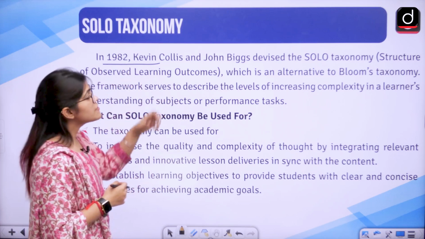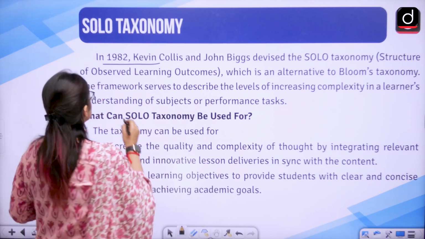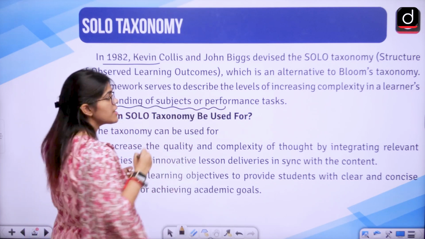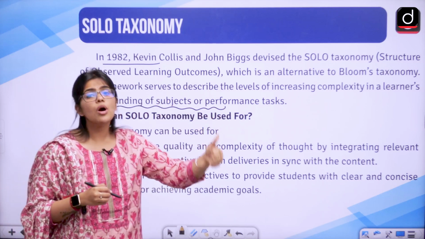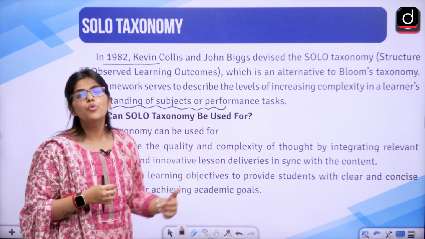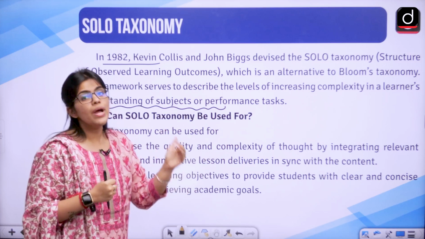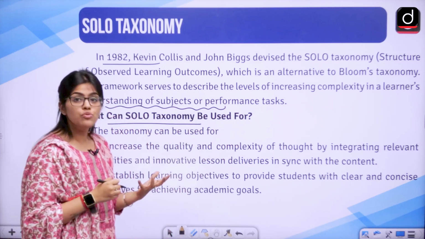The framework serves to describe the levels of increasing complexity in a learner's understanding of a subject and their performance. So their understanding of that particular topic and their performance on the given task would increase gradually when the teacher teaches them. What can SOLO Taxonomy be used for?